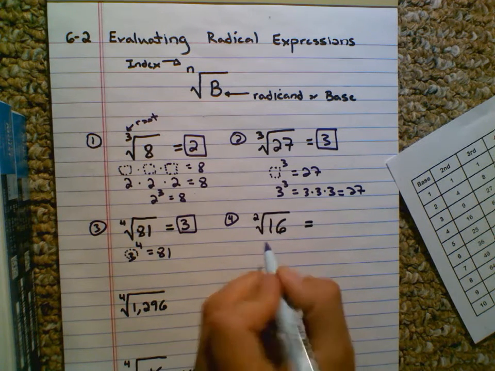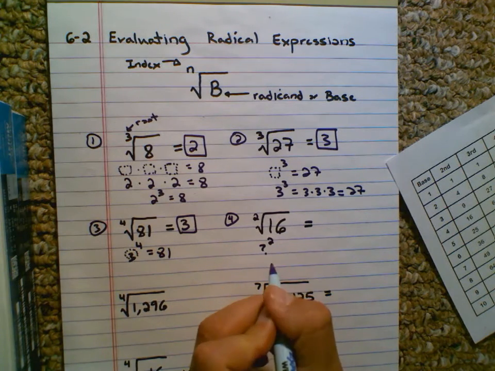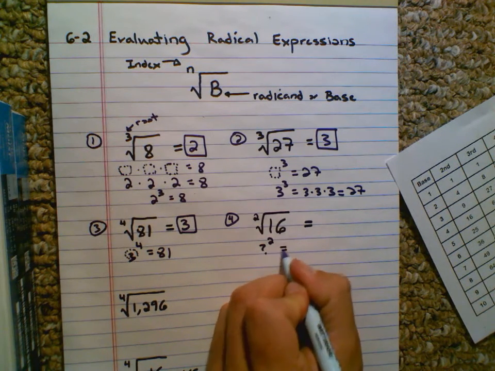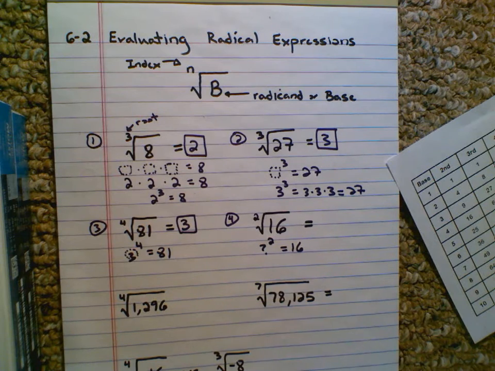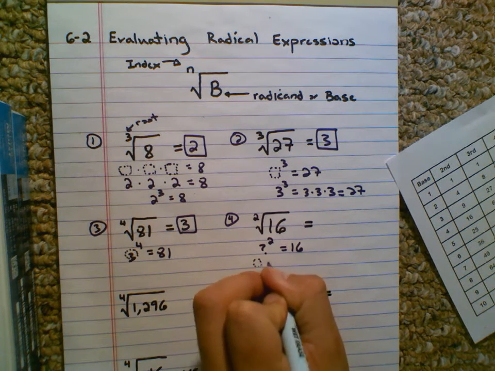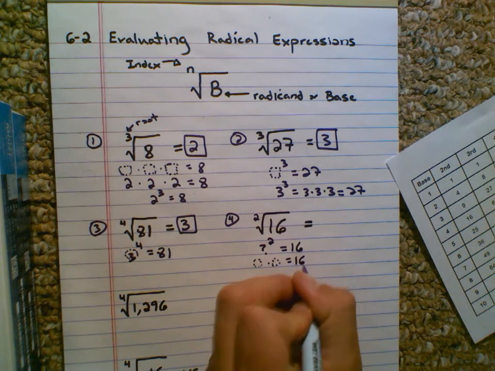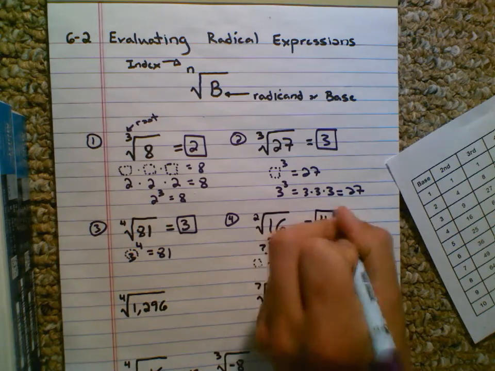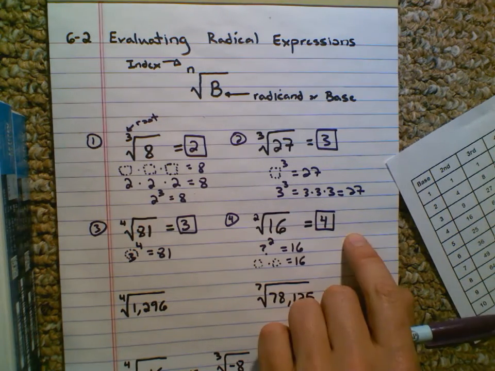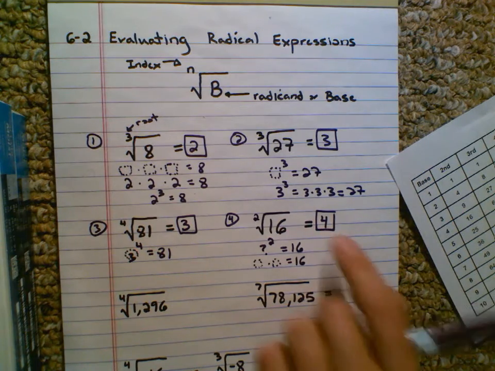So we're looking for some number that when we square it, when we take it to the second power, we get 16. Well, what number, when you multiply it by itself, equals 16? Well, that number is 4, right? When I take 4 times 4, I get 16. So the square root of 16 is 4.